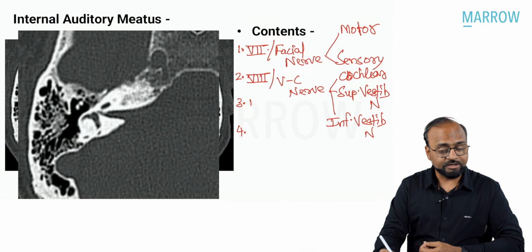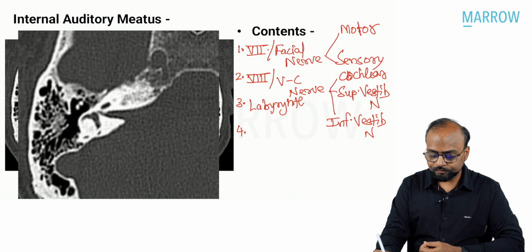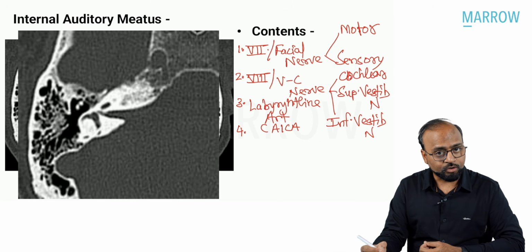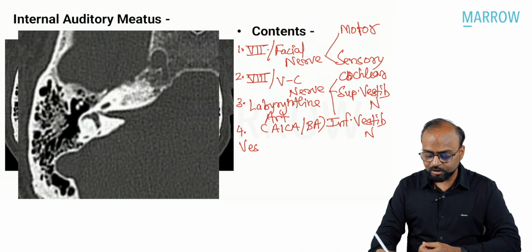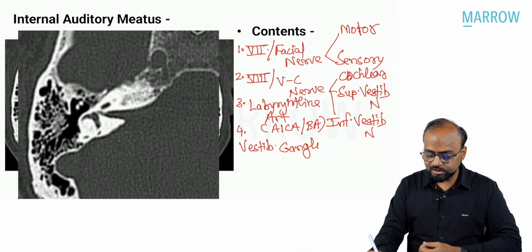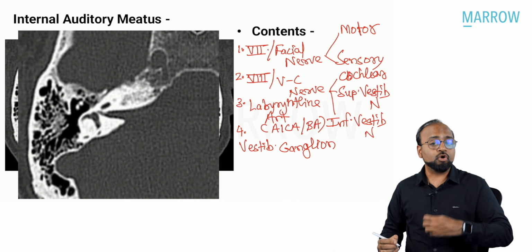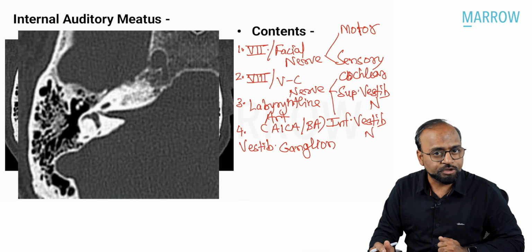Then we have an artery, which is the labyrinthine artery, which is either a branch of the anterior inferior cerebellar artery, or arises from the basilar artery. And then we have the vestibular ganglion, right? So these are the important structures or contents that lie within the internal auditory meatus.